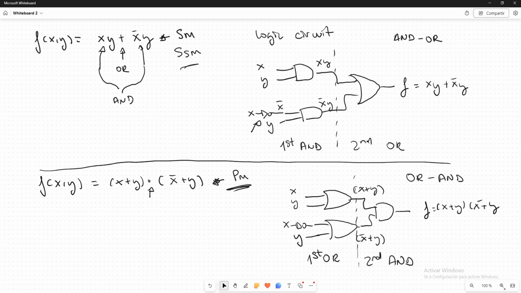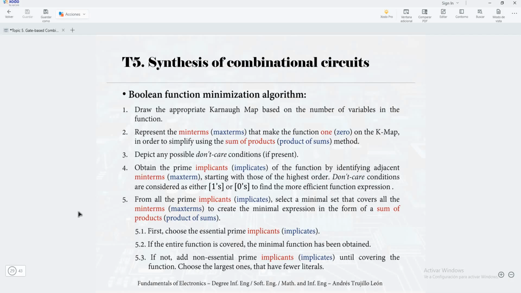Well, we continue. In this slide we have a summary of the simplification algorithm. We have here the steps that we have to follow when we are given a function and we have to simplify it. Remember that the target of simplifying a function is to obtain a simplest and cheapest circuit.